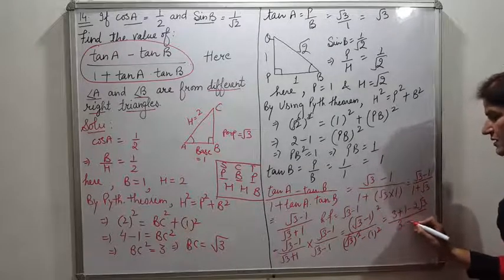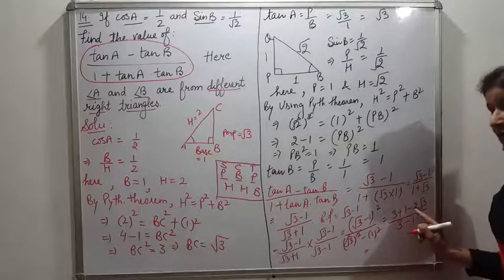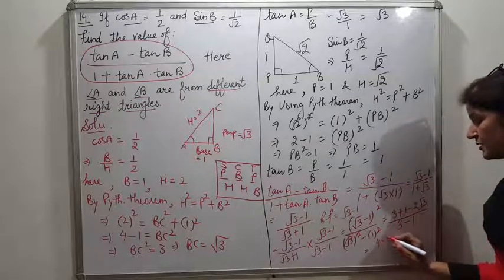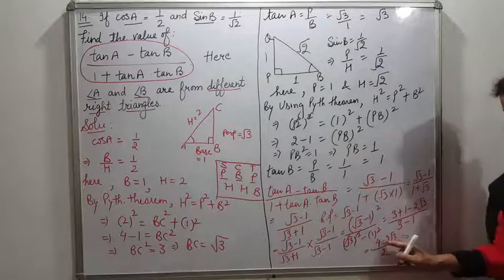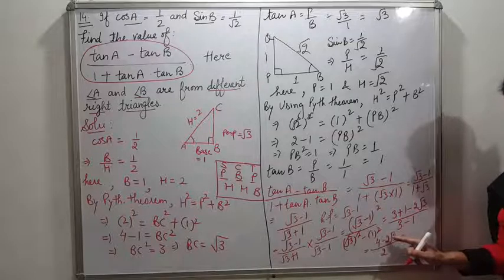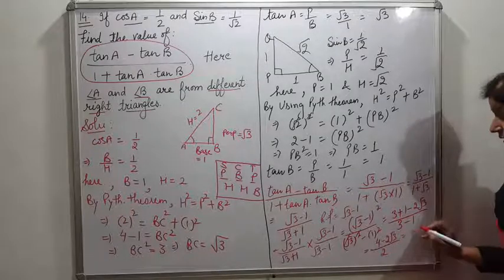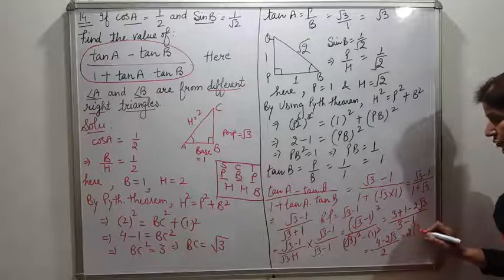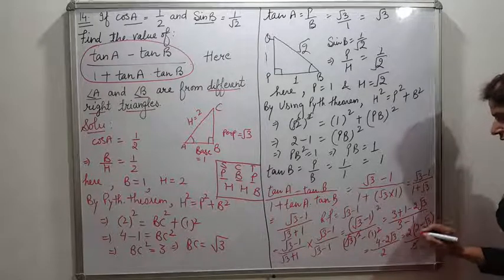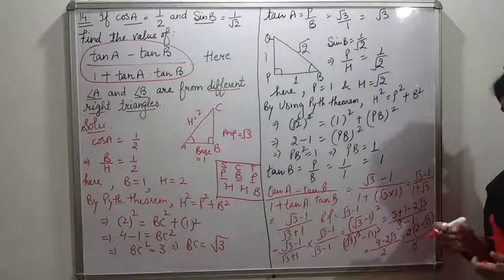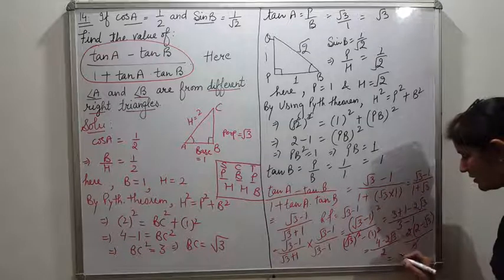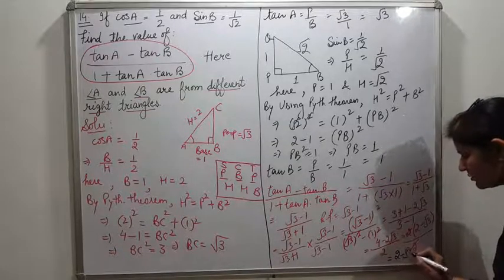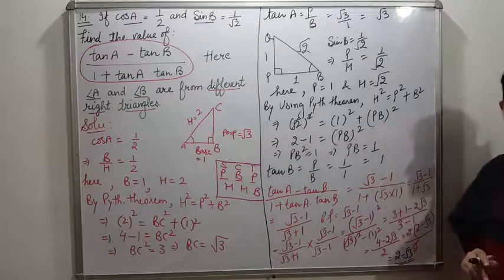So we get 3 minus 1. 3 plus 1, 4 minus 2 root 3 upon 2. From here, can you cut 2 by 4 or 2 by 2? No, we have to take first common here. So we take 2 common, 2 minus root 3 upon 2. So you cancel 2 by 2. So what is our answer? At the end of the question, we get answer is 2 minus root 3. So this is your answer.